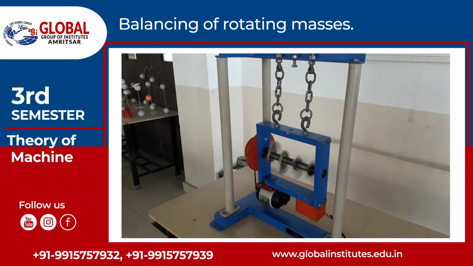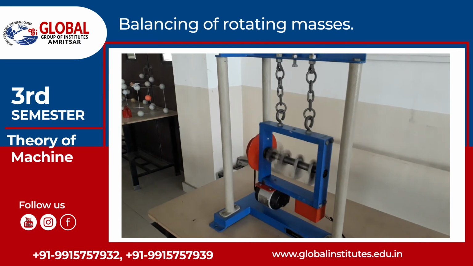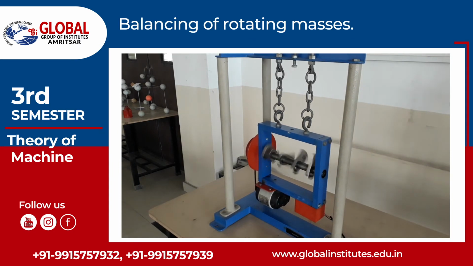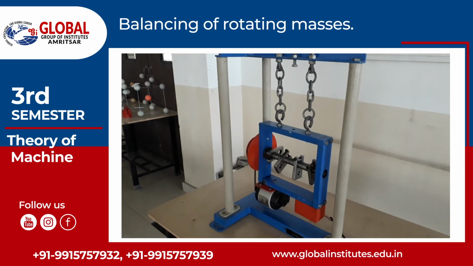Highly vibrations are produced when these masses are not in the counterbalancing positions. Now we position the masses in the counterbalance, again switch on the setup and check the vibration produced. Now switch off; you can see the high vibration.